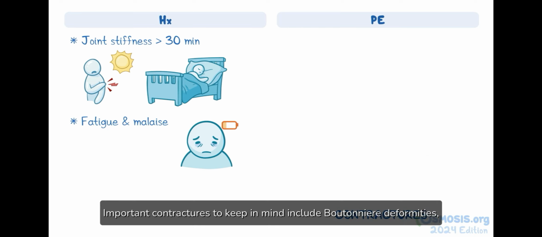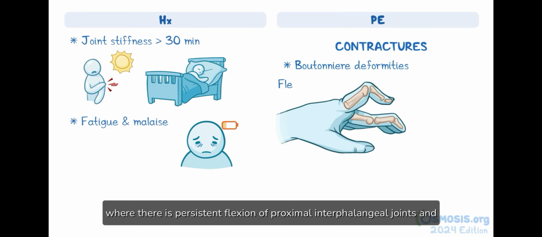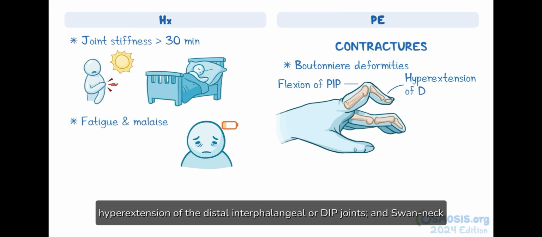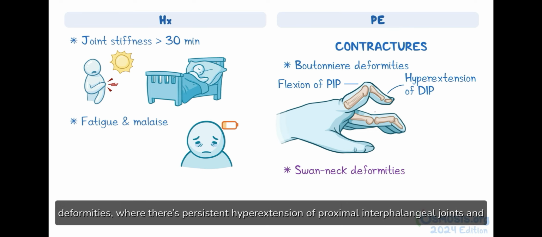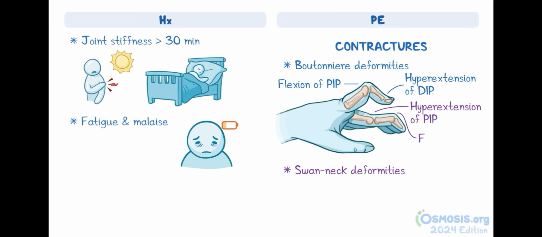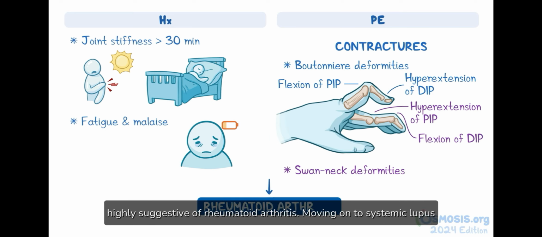Important contractures to keep in mind include boutonniere deformities, where there is persistent flexion of proximal interphalangeal joints and hyperextension of the distal interphalangeal or DIP joints, and swan neck deformities, where there's persistent hyperextension of proximal interphalangeal joints and flexion of distal interphalangeal joints. These findings are highly suggestive of rheumatoid arthritis.